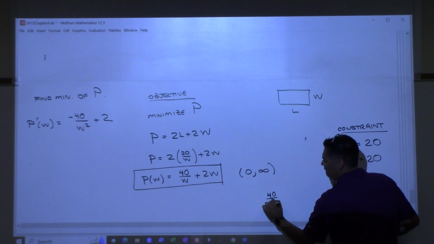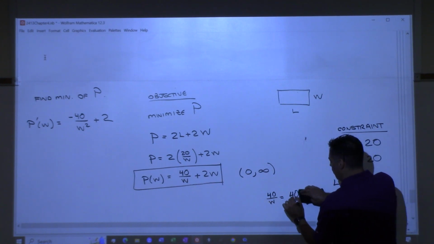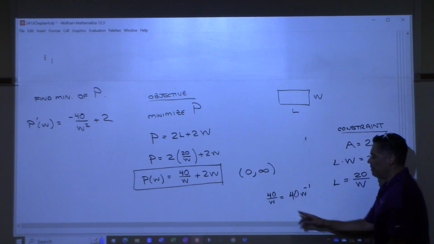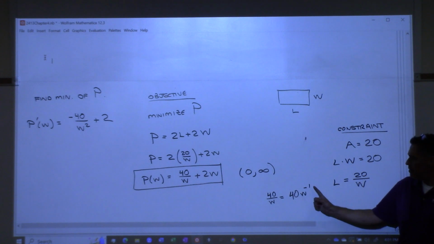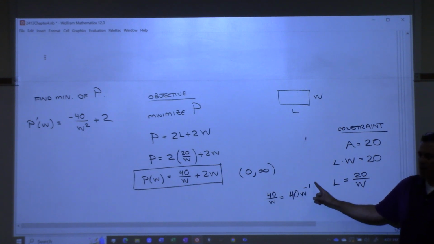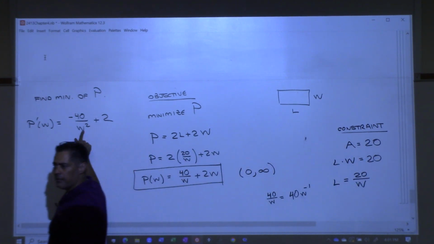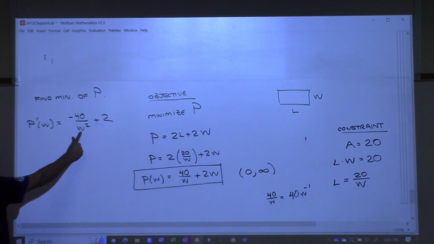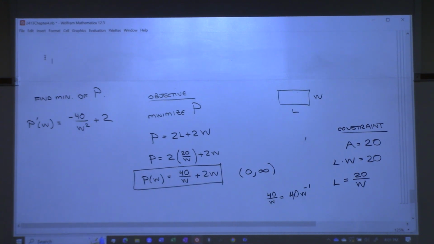You could do quotient rule, but I rewrote the 40 over W as 40W to the negative 1 power. And then if you take the derivative of this, the negative 1 comes out, and you subtract 1 from the power, it becomes negative 2. And I took that and dropped it back down. So that's where I get this from. Is that all right, everyone? And then the derivative of 2W is just 2.